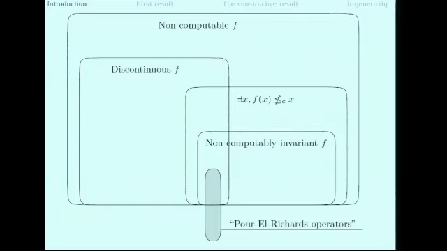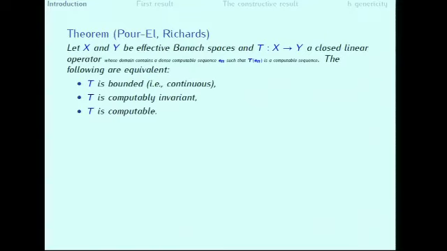Their theorem is, roughly, that if you have a closed linear operator, then with some assumption, it is bounded, which means continuous, if and only if it is computable, if and only if it is computably invariant. Their theorem has the nice property that it unifies many particular results of computability theory.